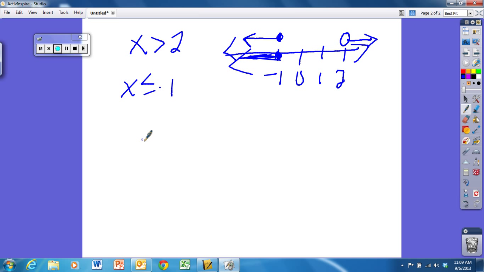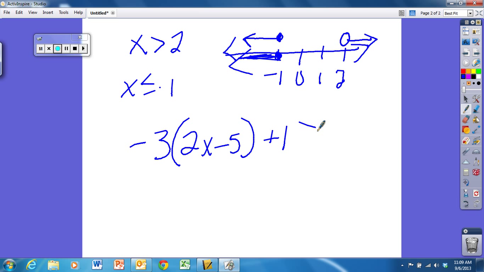What if you had to solve the inequality negative 3 times 2x minus 5, plus 1, is greater than or equal to 4. This is the same idea as solving an equation.